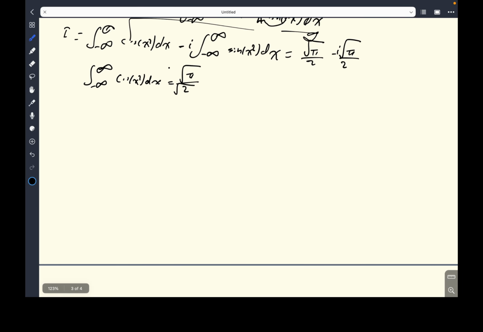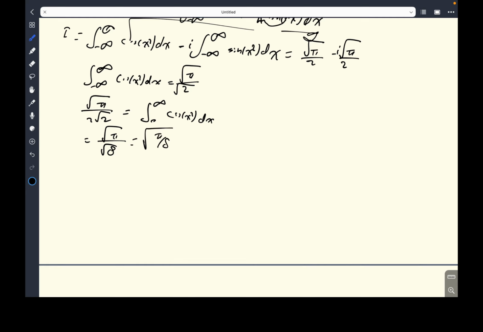Okay, now root pi over 2 root 2 is the integral from 0 to infinity of cosine x squared dx, which can be written as root pi over root 8, which is the square root of pi over 8, and thus our integral from 0 to infinity of cosine x squared dx is root pi over 8.